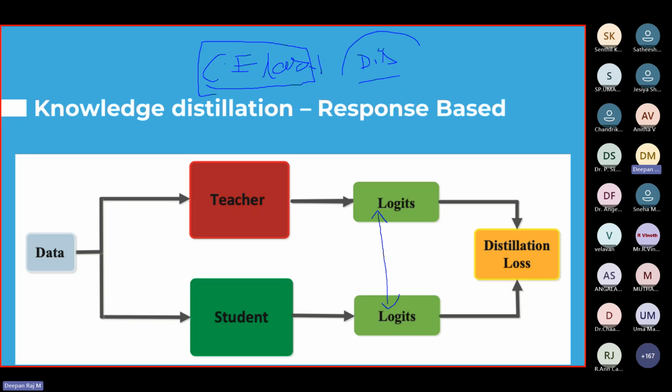This distillation loss will guide the student to become better like the teacher. Anyway, weight updation is going to happen, but if this distillation loss is not settling down, the weights will be updated in a better way, so that it becomes much closer to the teacher, or much more similar looking to the teacher output.